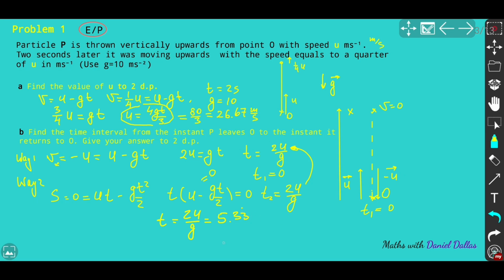So to 2 decimal places, that's going to be an eligible answer. All right, well done. That's the value for the speed to 2 decimal places, and this is the value for the time traveled to the maximum height and the way back. Okay, hope you got it. Let's move to the next problem.